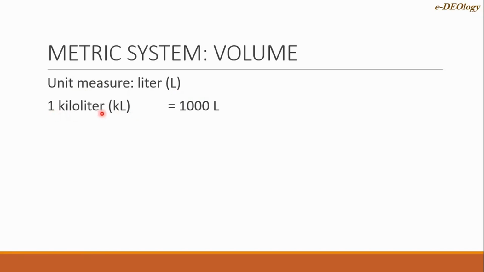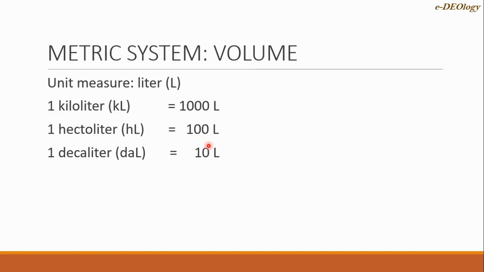So 1 kiloliter equals 1000 liters. The next is hectoliter. 1 hectoliter equals 100 liters. The next is decaliter, symbolized by daL. 1 decaliter equals 10 liters.